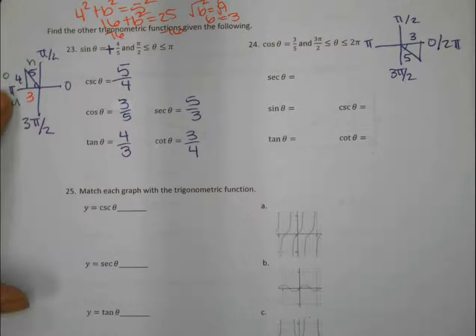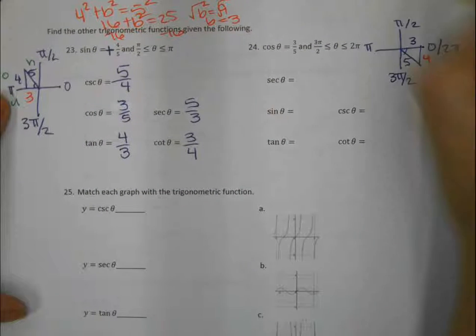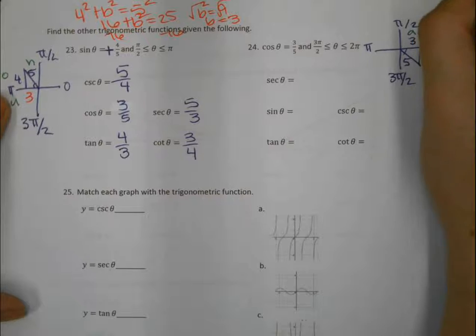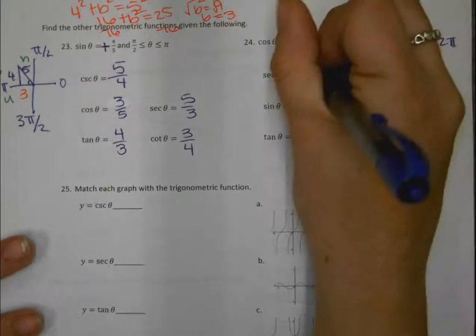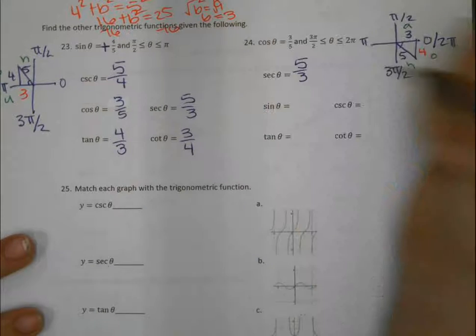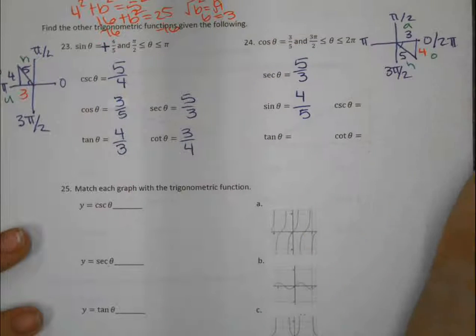From this triangle, I know the side lengths are 4 and 5, so I'm just going to fill this one in with 4. This is my adjacent, opposite, hypotenuse, and I'm going to go fill in the rest. So secant, I just take the fraction and I flip it. I have 5/3. Sine is opposite over hypotenuse, so 4/5.